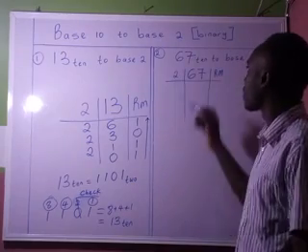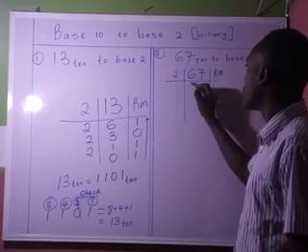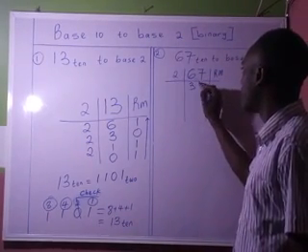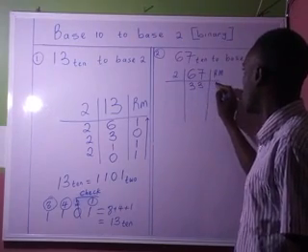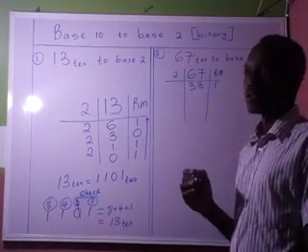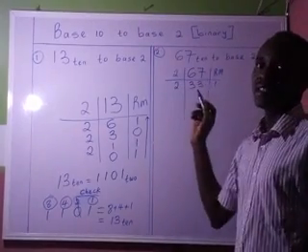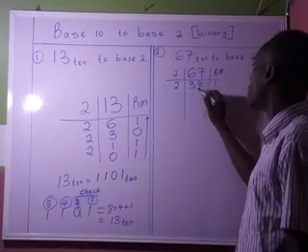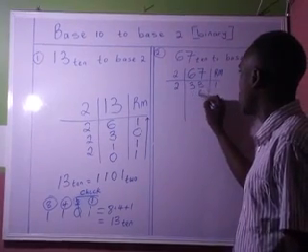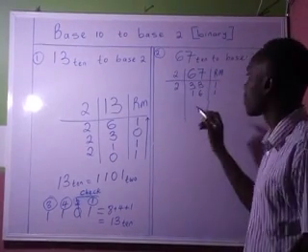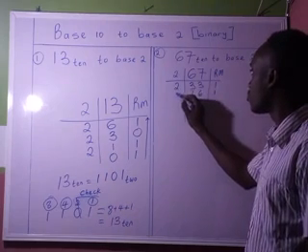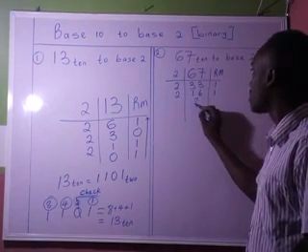Now let's start. 67 divided by 2, that should be 33 with a remainder of 1. 2 is going to divide 33 again. That will be 16 remainder 1. 16 divided by 2, that will be 8.